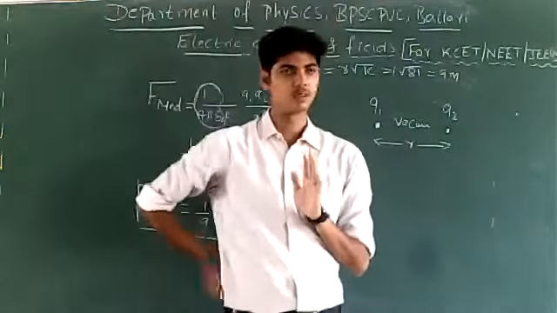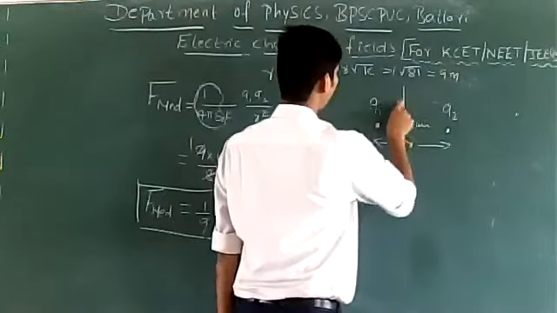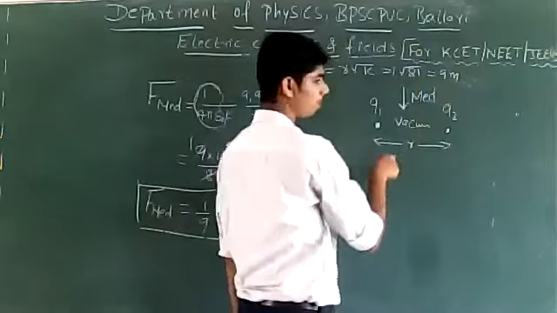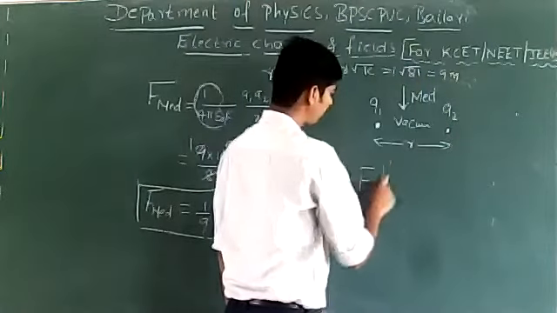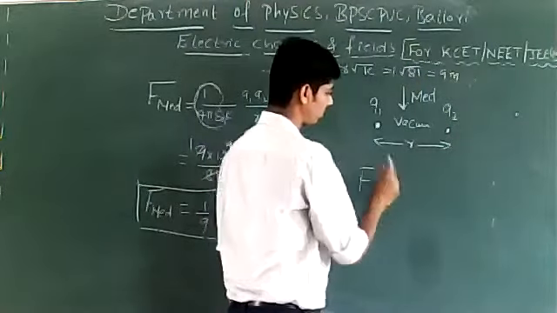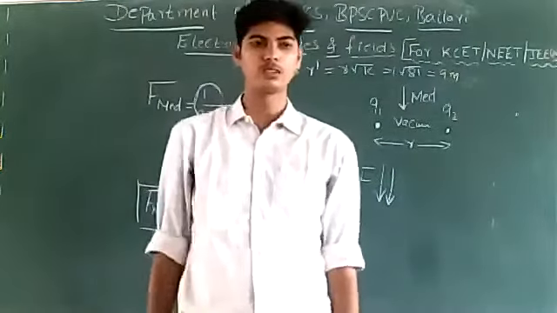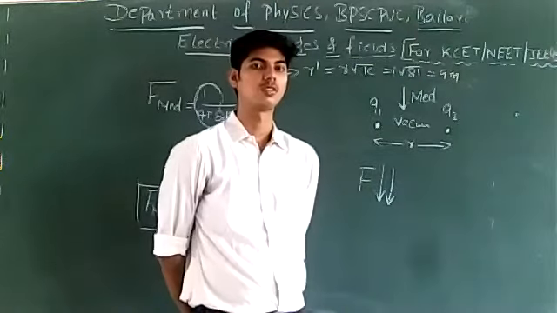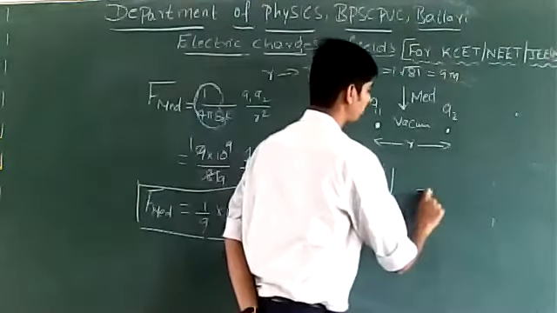It decreases. If I introduce a medium between the two charges, the force between the two charges is going to decrease. But the force should not decrease. The force should remain constant.